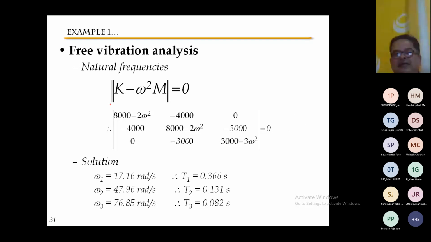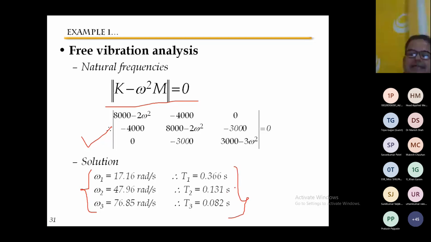This is the equation, k minus omega square m, and from this we get these 3 frequencies, and the natural periods. The lowest frequency is known as the fundamental frequency.